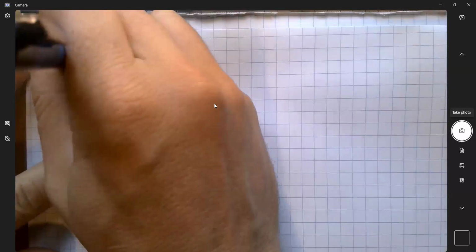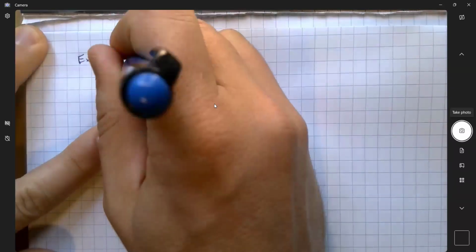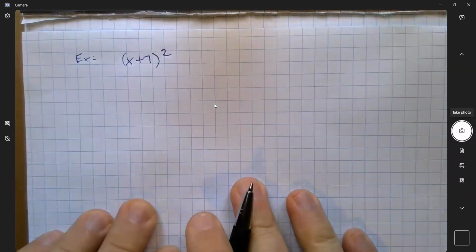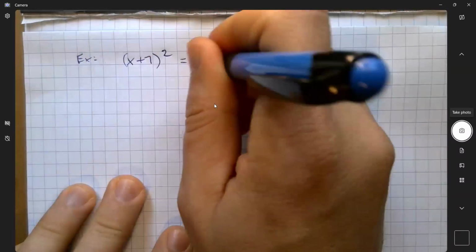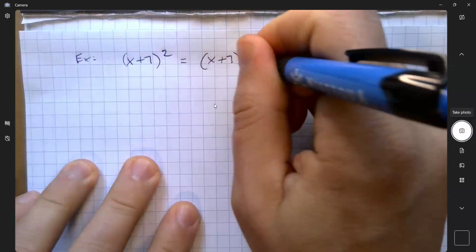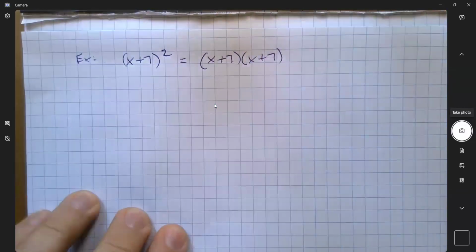So again, moving forward, let's do x plus 7. I'm going to write it as x plus 7 squared, which is x plus 7 times x plus 7.